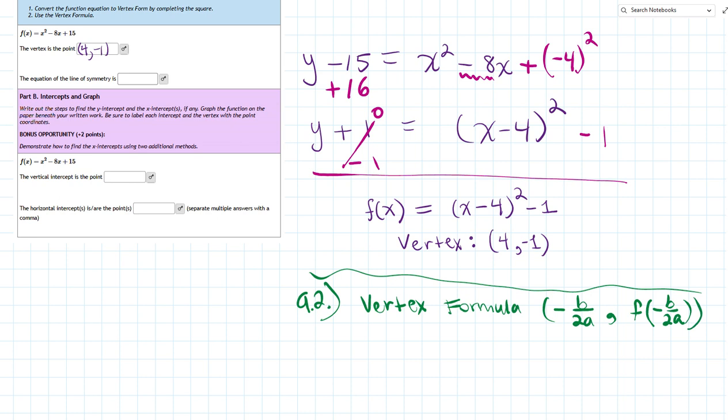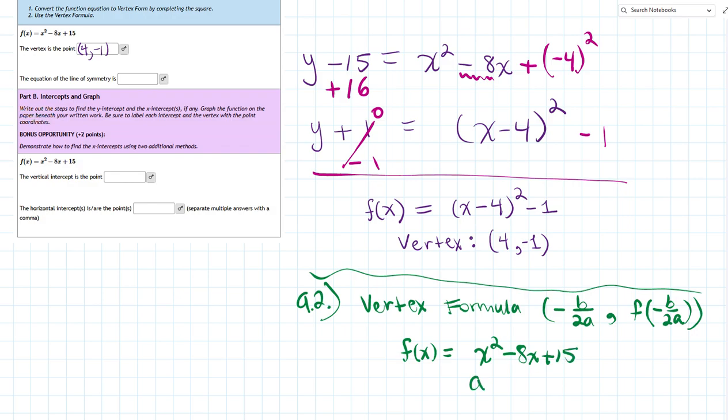So let's start with writing down the function again. Y equals, well, I guess I'll keep it in function form for now. f of x in standard form, given as it was, x squared minus 8x plus 15.